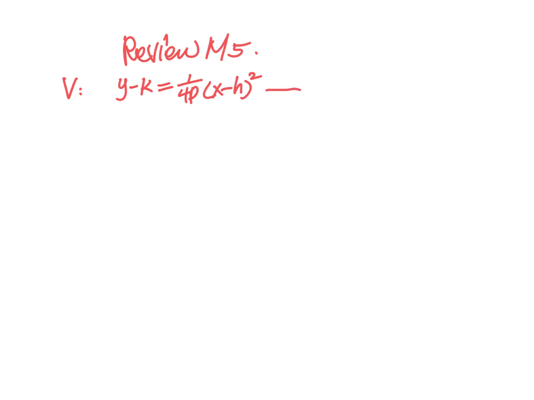And this could also be written as 4p times y minus k equals x minus h squared. And a horizontal parabola is the y is squared, so x is not squared, so it's kind of like a switch.